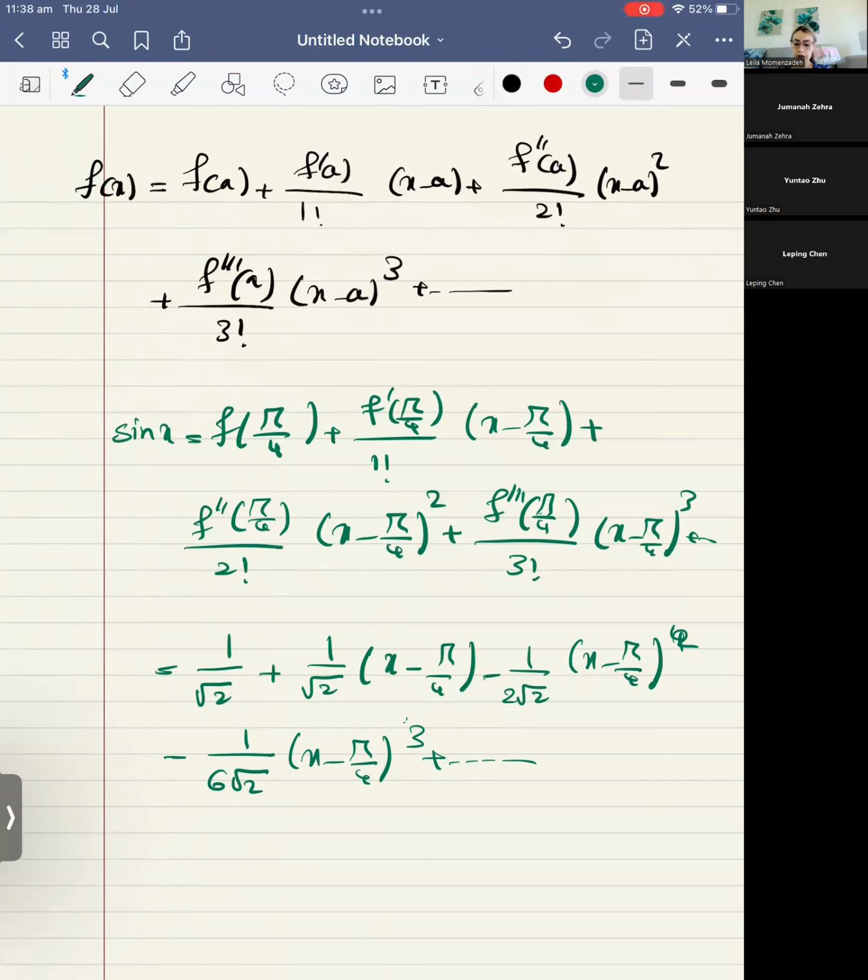Now I can write here in general for the power series with the center.